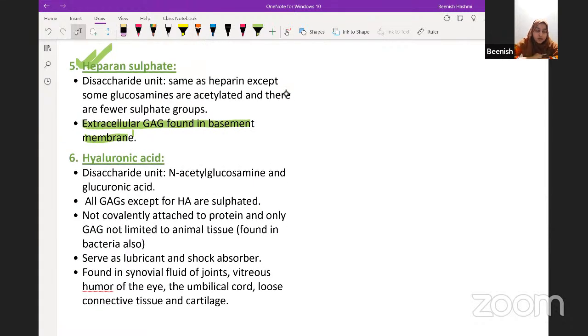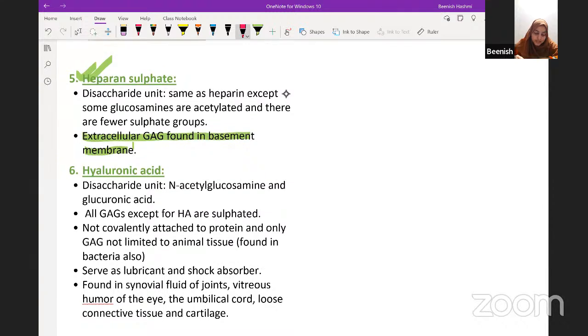Now, talking about hyaluronic acid, you must have heard of this name from dermatologists these days. Very good for your skin. Disaccharide unit is N-acetyl glucosamine and glucuronic acid. All GAGs except for hyaluronic acid are sulfated. So this is the only unsulfated GAG.